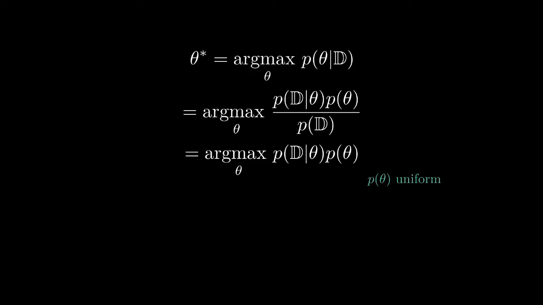So only when we make that assumption are we left with maximum likelihood estimation. So to summarize, maximum a posteriori estimation is equivalent to maximum likelihood estimation when the prior is uniform, and both of them are commonly used ways to learn a set of model parameters given a dataset.